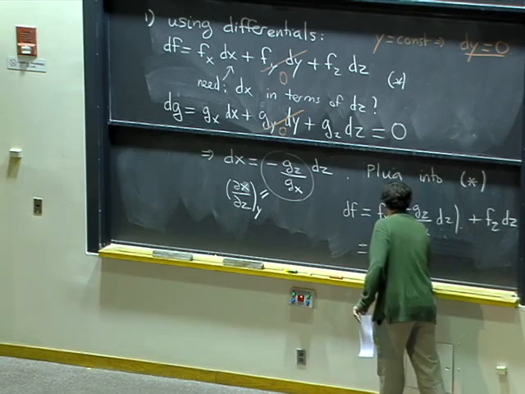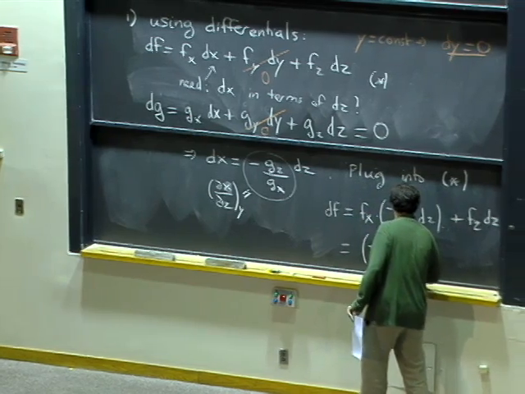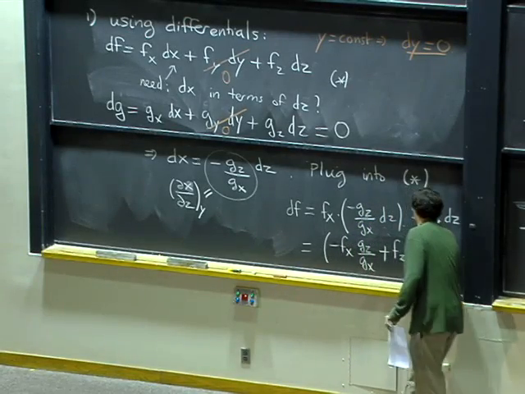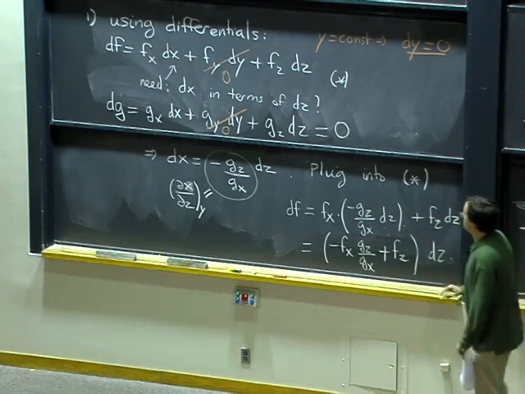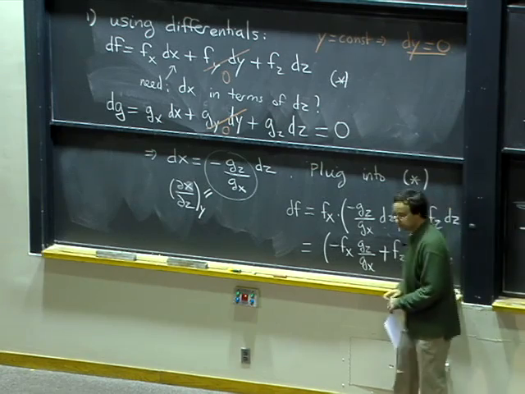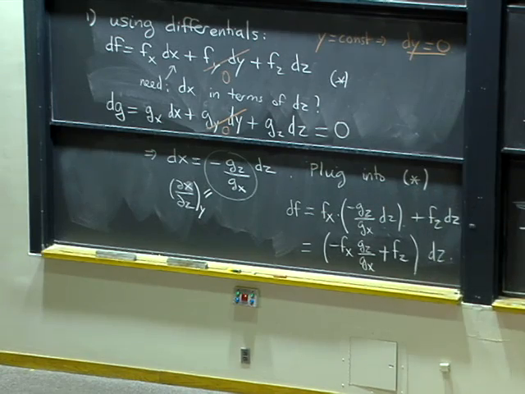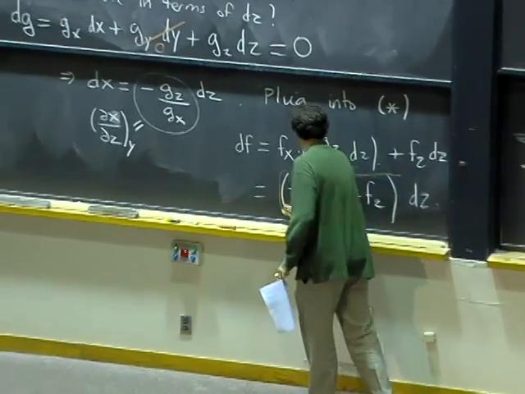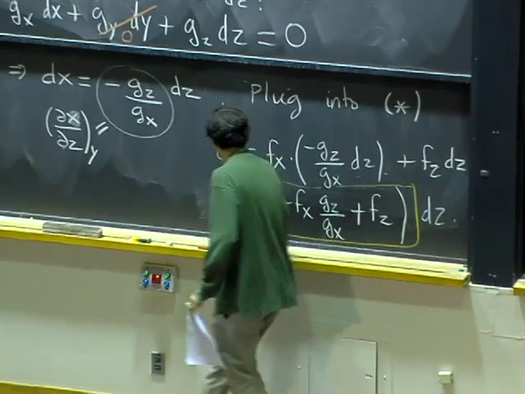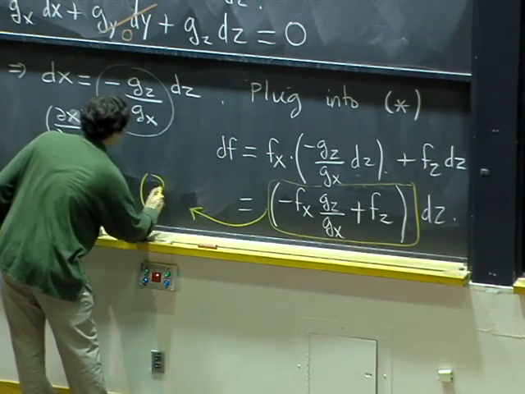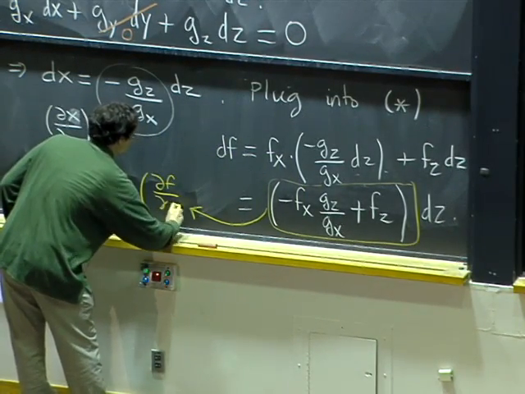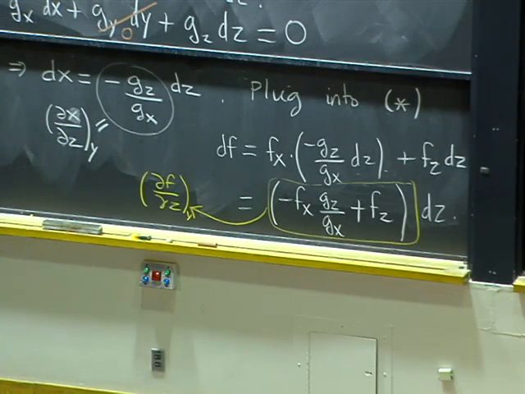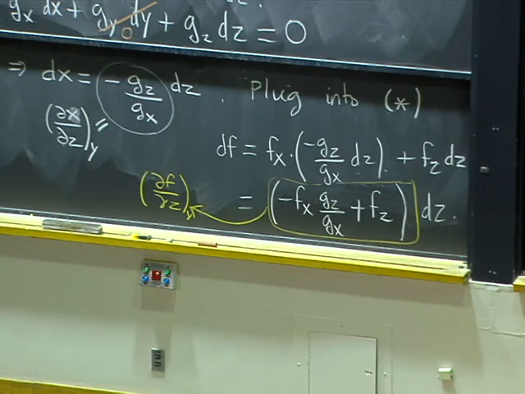So that will be minus fx gz over gx plus fz times dz. And so this coefficient here is the rate of change of f with respect to z in the situation we are considering. So this quantity is what we call partial f over partial z with y held constant. That's what we wanted to find.